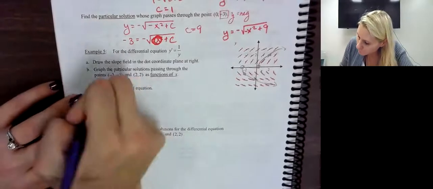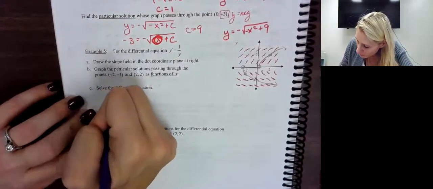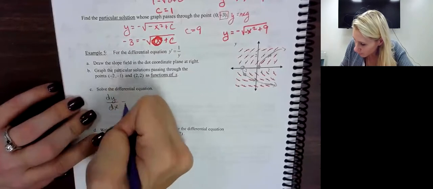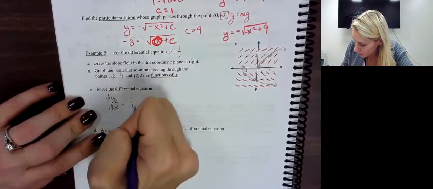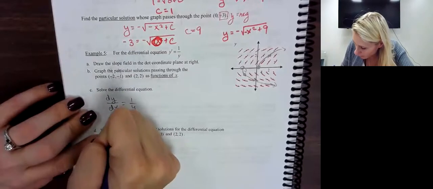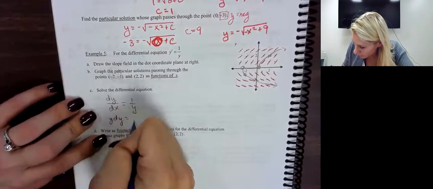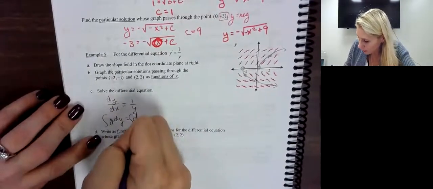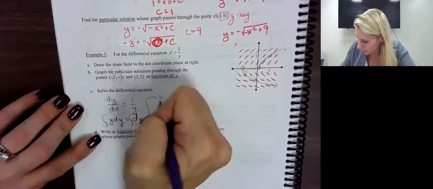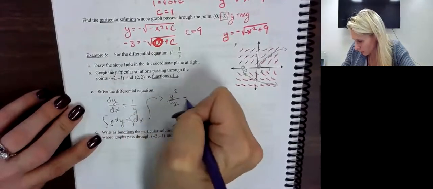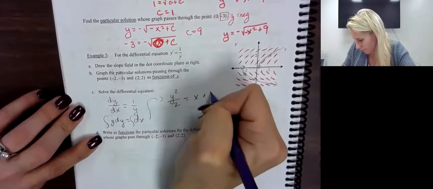Now we're going to solve. So I'm going to change this to dy over dx so I can separate those variables. I end up getting y dy equals dx. Take your integral. Get y squared over 2 equals x plus 1.